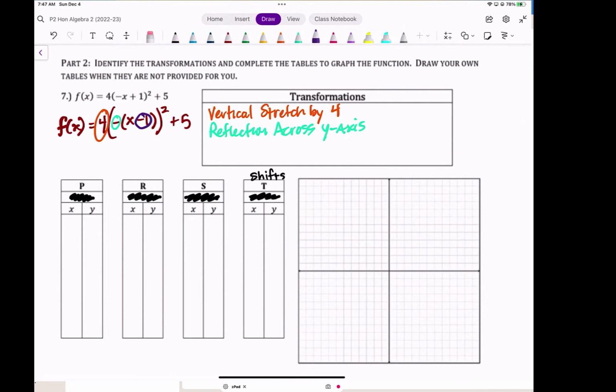Remember, horizontal changes like this horizontal shift, we're not going to use the number as pictured. We're either going to use its reciprocal or its opposite. In this case, I'm thinking plus 1 direction, which would be a shift right by 1. And then another plus 5 on the end. That's going to be a shift up by 5.